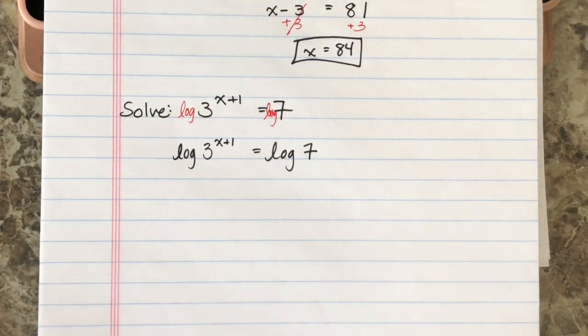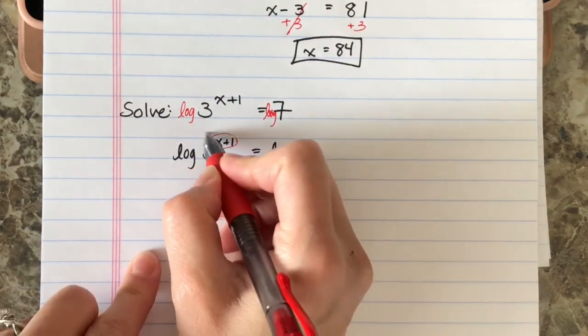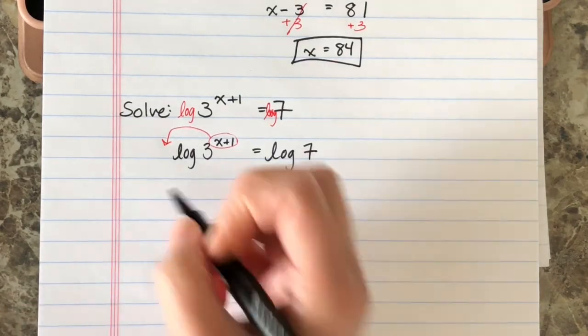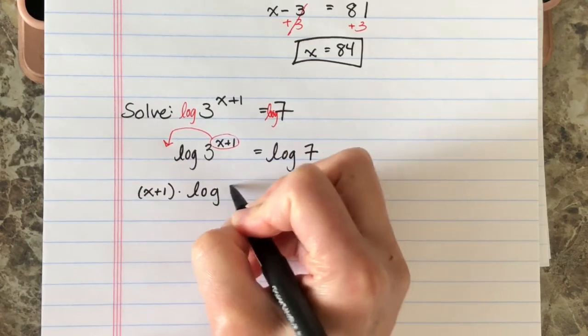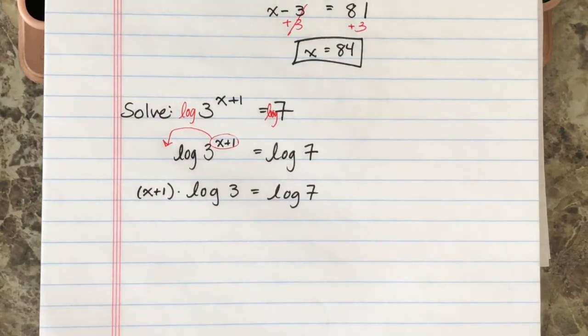Simple, right? So now that I have a log, the input has an exponent, I can simply bring this down in front. So now this is going to be x plus 1 times the log of 3 equals the log of 7. Now we just do basic algebra. We just have kind of bigger pieces, but that's fine. This is just algebra.